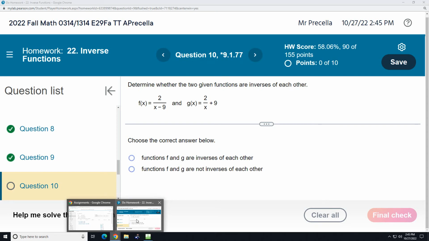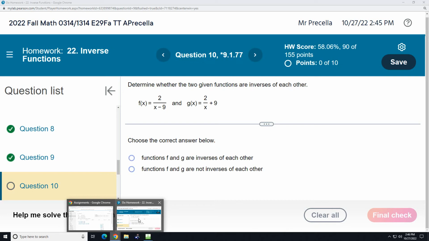No, remember absolute values have those big bars, so there are no absolute values. What about even exponents? No, so these are one-to-one functions. If that denominator on that f had been 2 over x squared minus 9, they would not have been one-to-one.